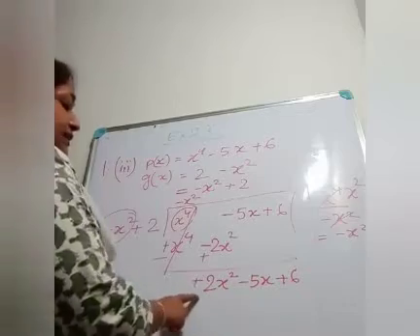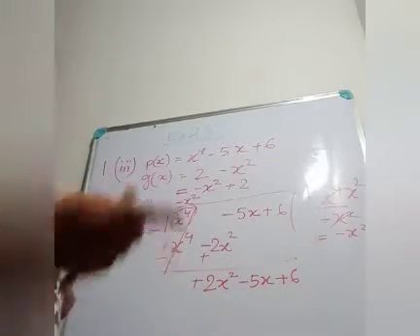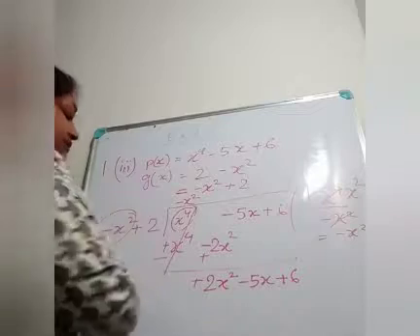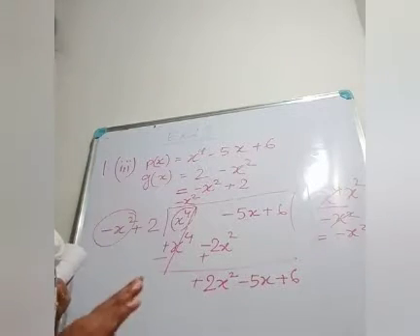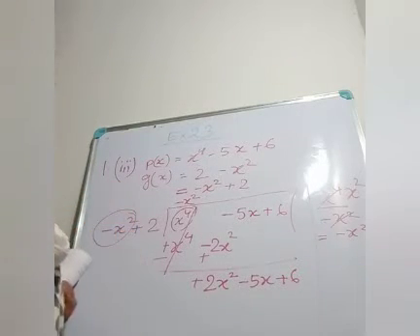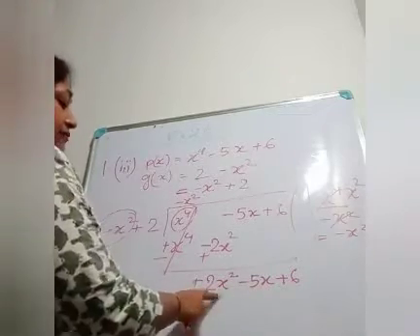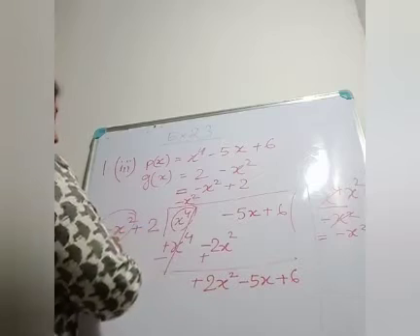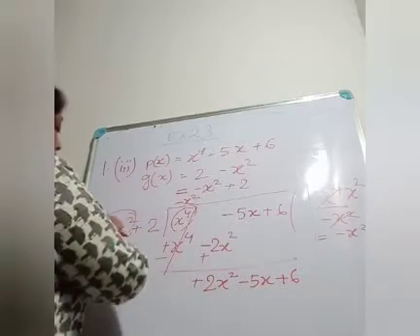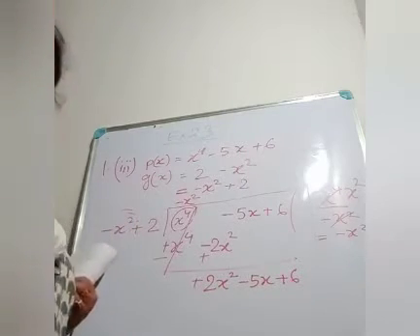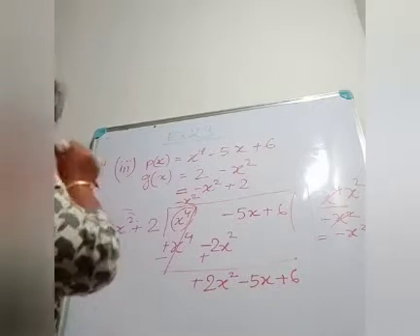When the degree of the remainder becomes less than the degree of the divisor, then you can't proceed. You have to stop the division there only. But here I am getting x square, and the divisor also has x square. So you can proceed one more step.